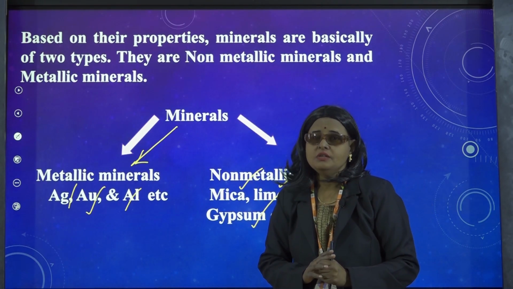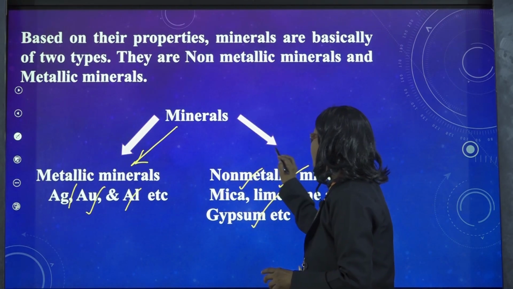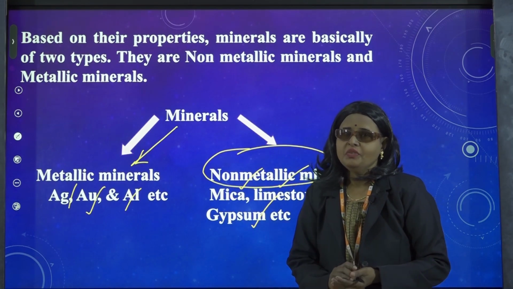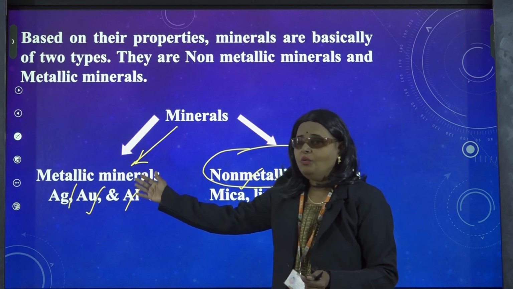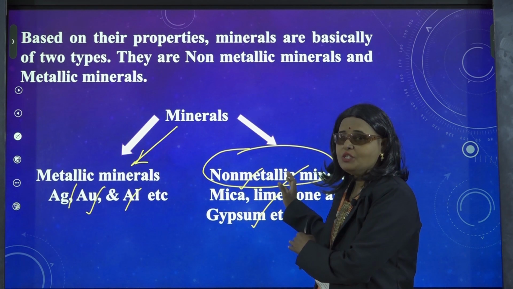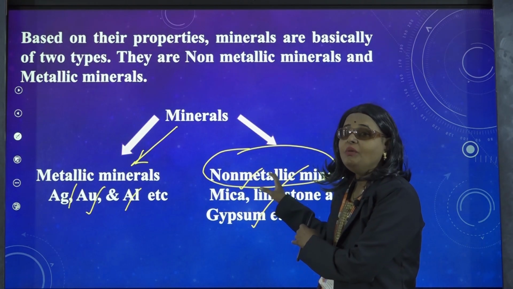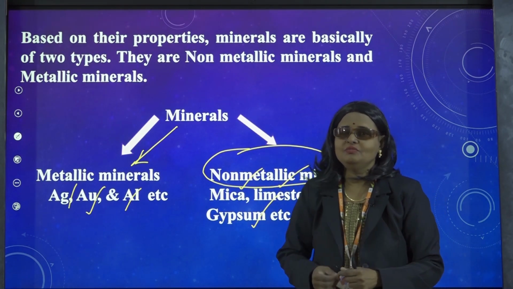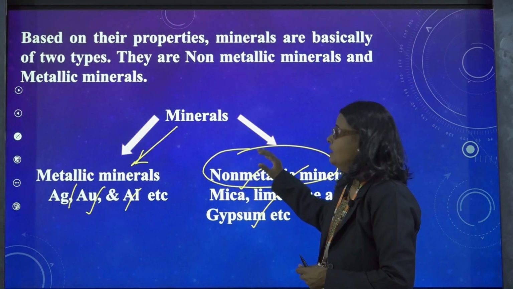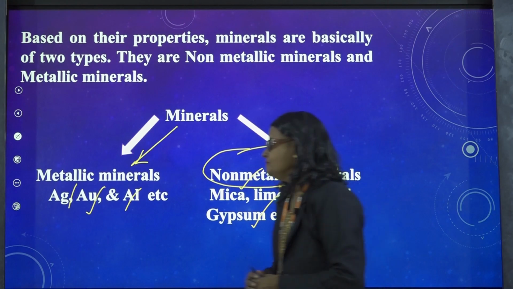Whereas these non-metallic minerals are found in sedimentary rocks. Metallic minerals are good conductors of heat and electricity, whereas such type of properties are not there in the non-metallic minerals except few. Understood? So, this is about metallic and non-metallic minerals.